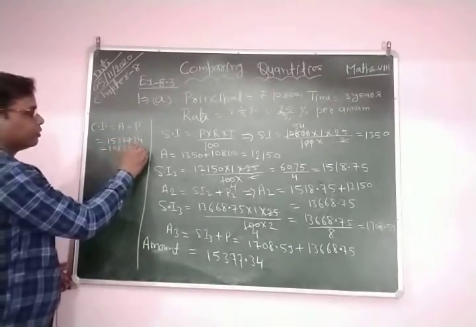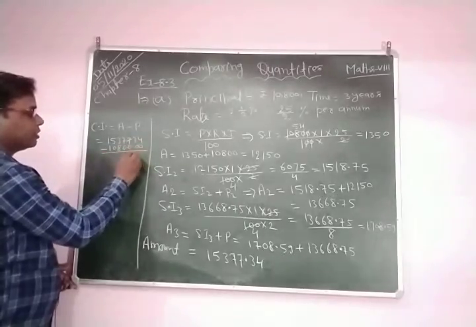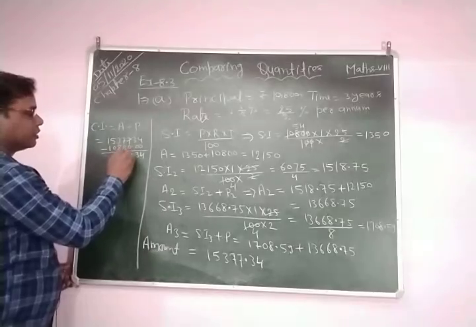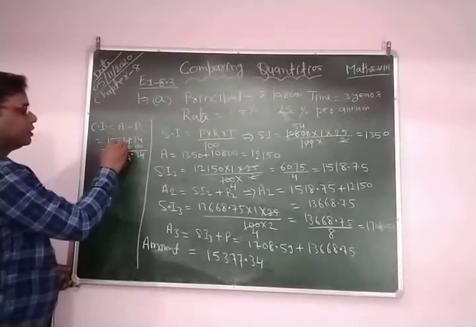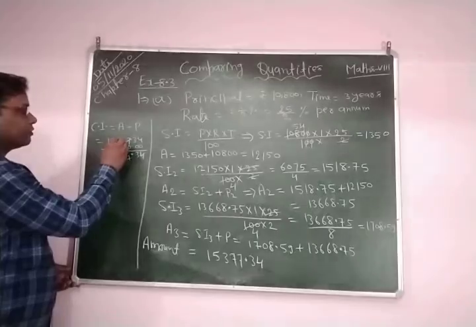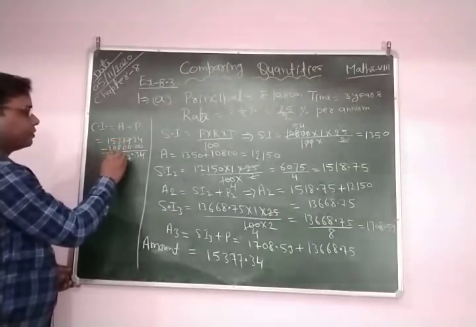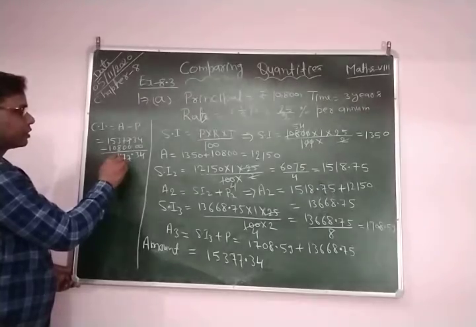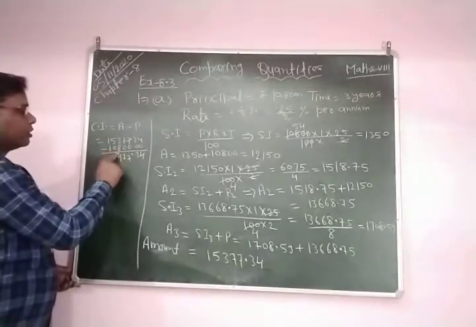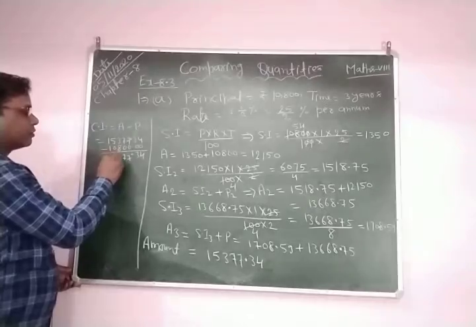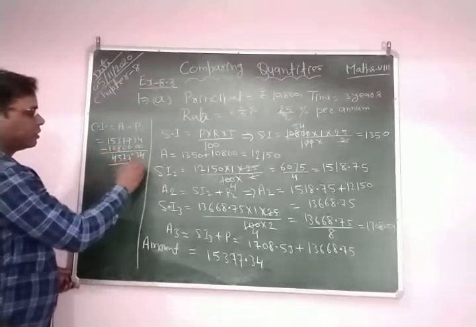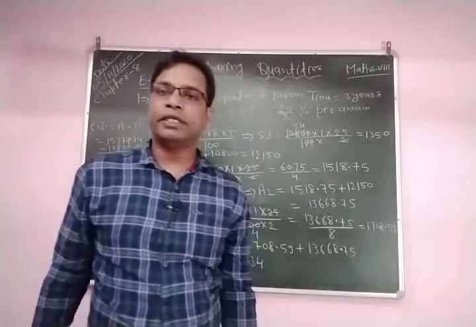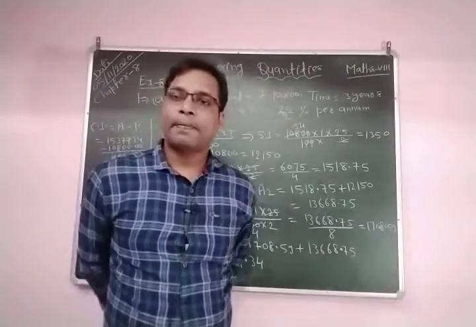Clear? You subtract here. You have 4,577.34. Clear? 4,577.34 rupees. Again, in both cases we find the same compound interest and same amount.